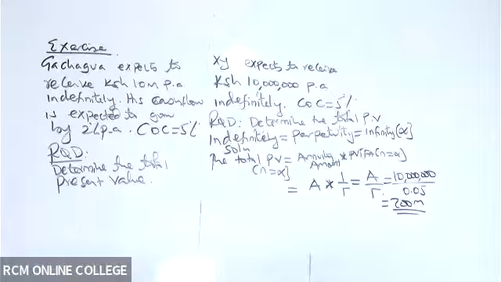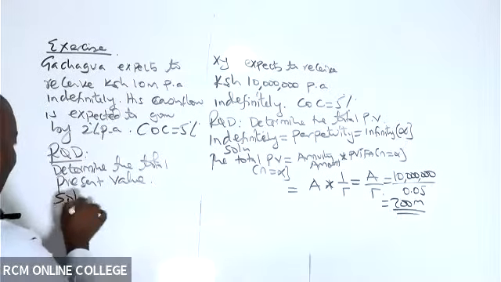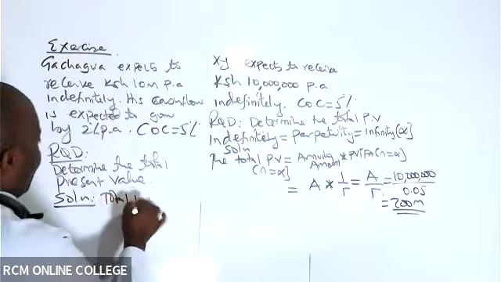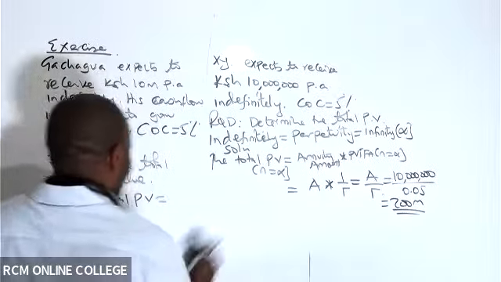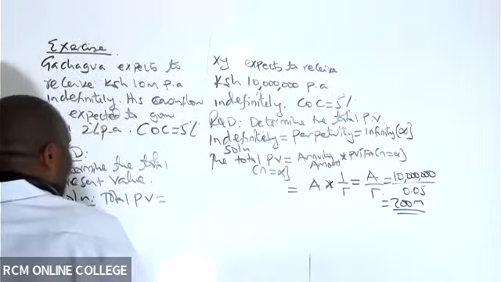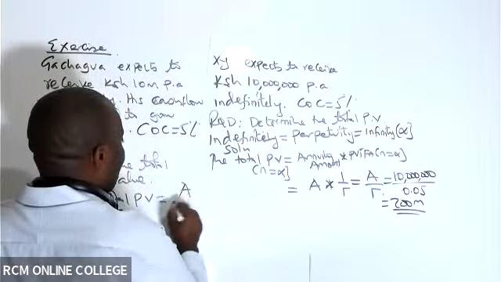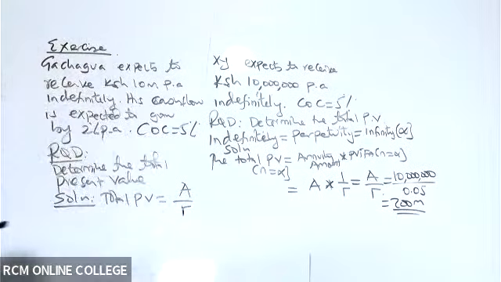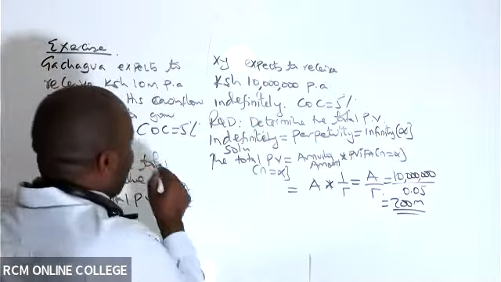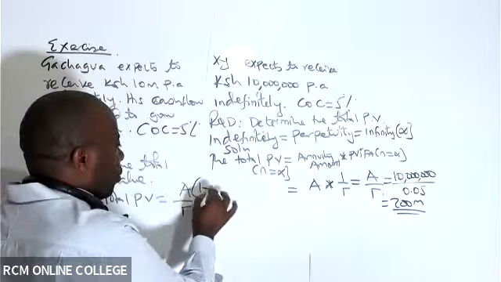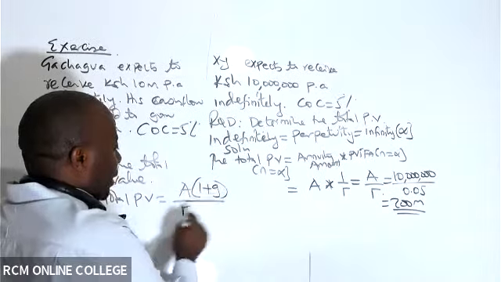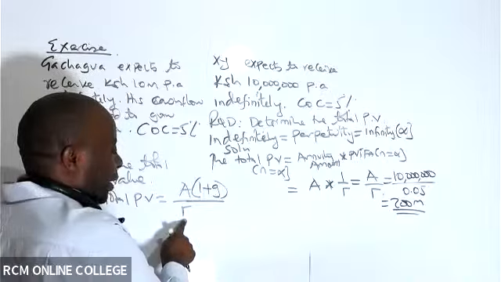Very easy solution. So very fast, I will remember that total present value will be equal to amount over r. And this amount, of course, is not going to be constant. There is some growth rate. So whenever there is growth rate, we know we shall talk of 1 plus g, and then we shall do an adjustment for this rate of return.